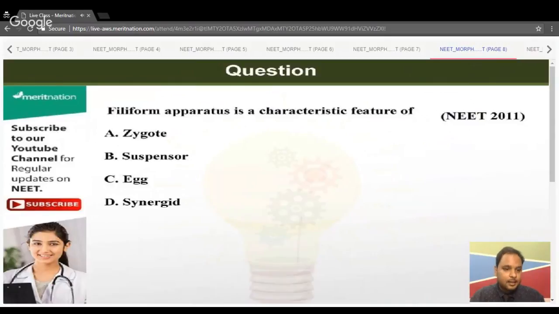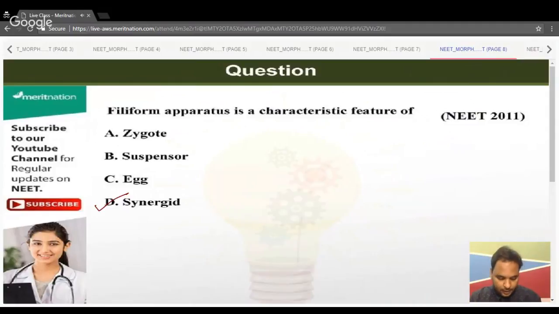The correct answer here is D, synergids, all of you. Synergids have the filiform apparatus, and this is the reason why the pollen tube is directed towards the micropylar end of the synergid. That's how the pollen tube reaches the synergid. Everyone, it's a chemical attraction, you can say.